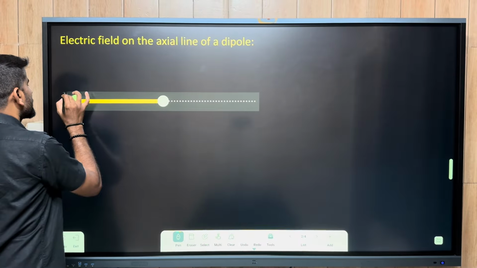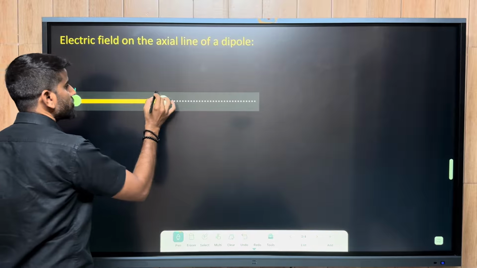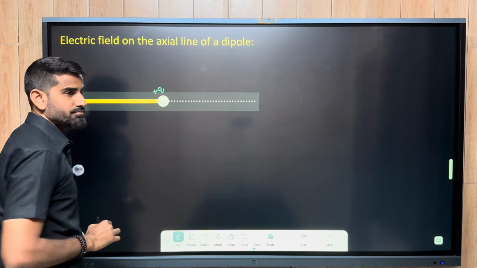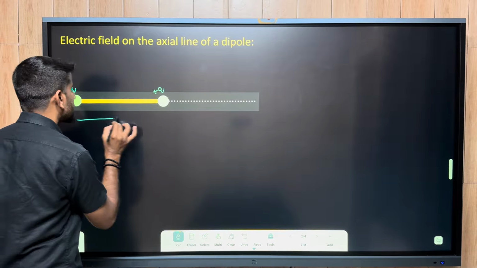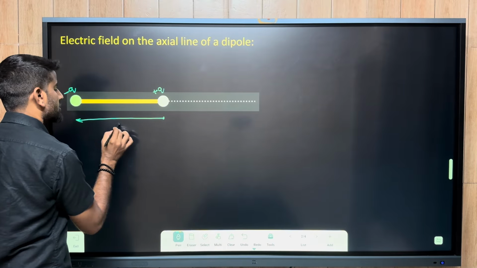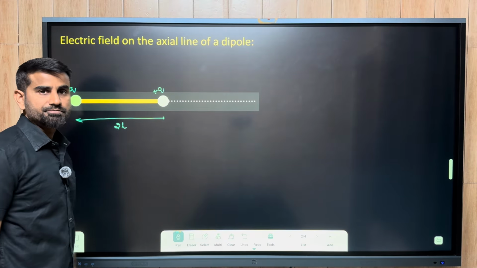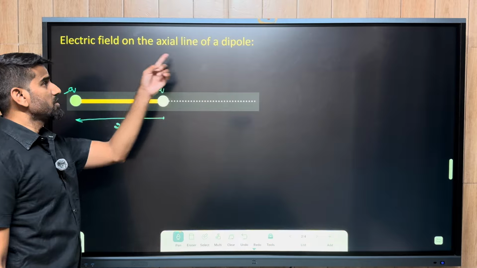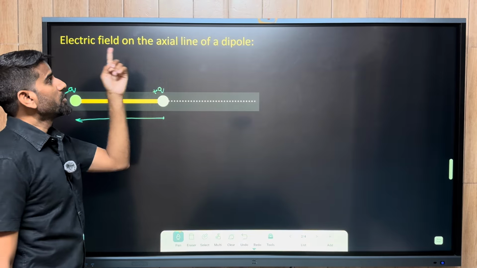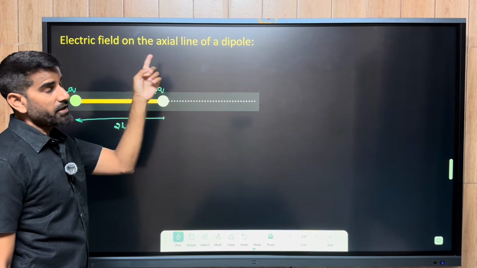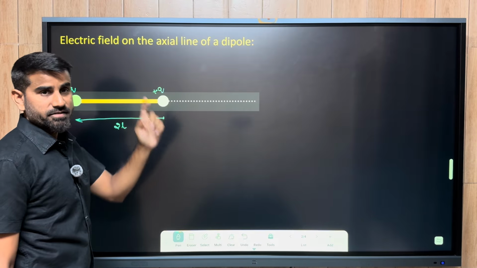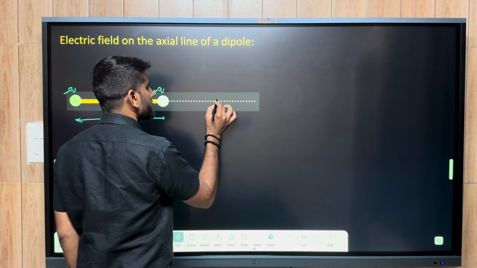Let us suppose this is minus q charge and this one is plus q charge, separated by a distance 2l. And what is the question here? The heading here is to find the electric field intensity on the axial line. Let us consider a point somewhere here.